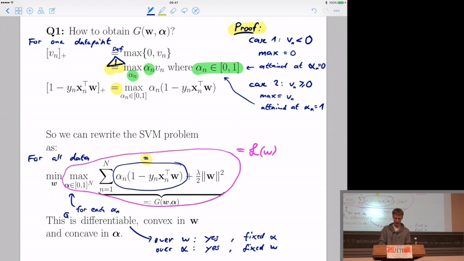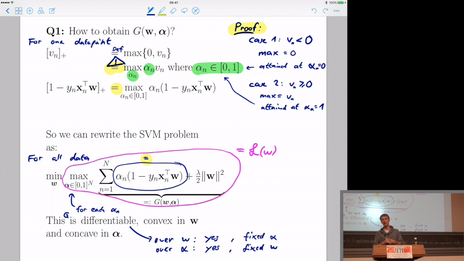Sorry, this looks a bit complicated, but let's just summarize what we have done. We have done a bit of a trick. We had this hinge loss function, right? And we found this trick with the interval, which kind of fell from the sky, but it turns out if you do this interval trick and introduce a new maximization variable, the thing stays the same. There is actually a more general formulation of this.